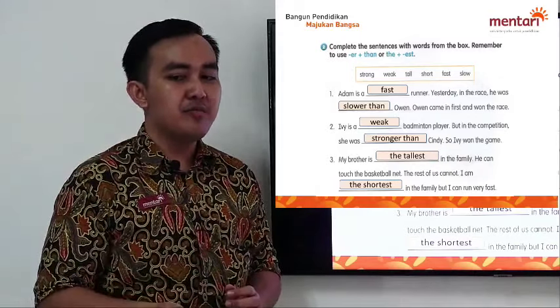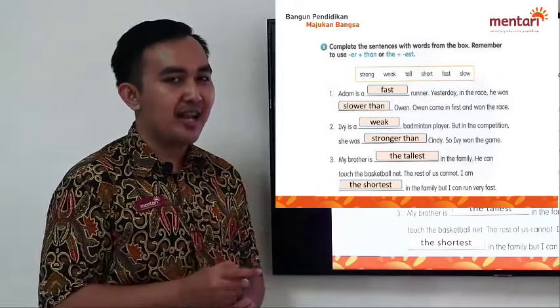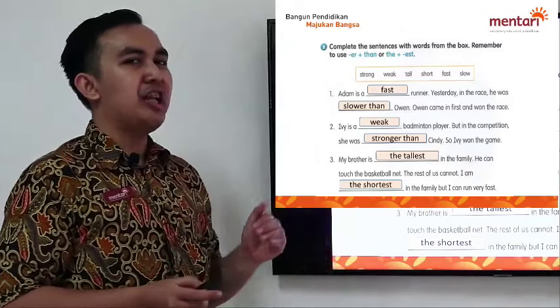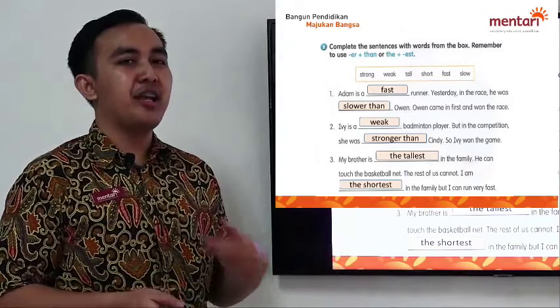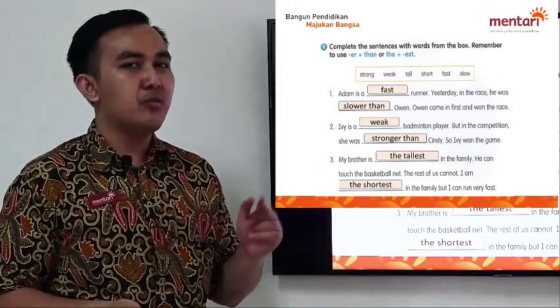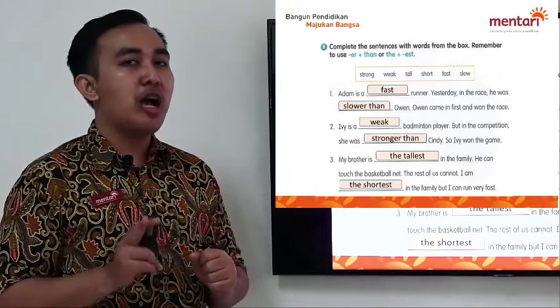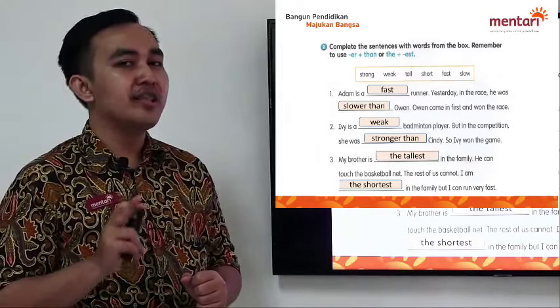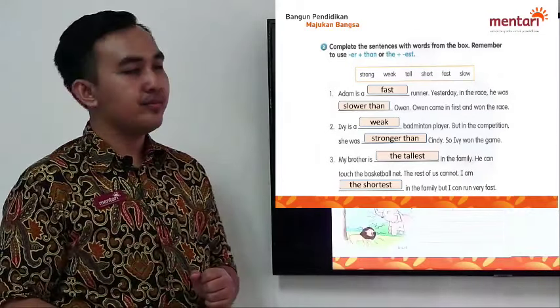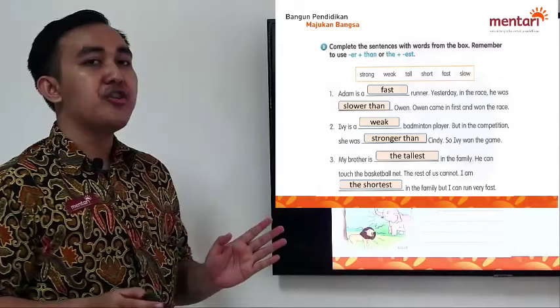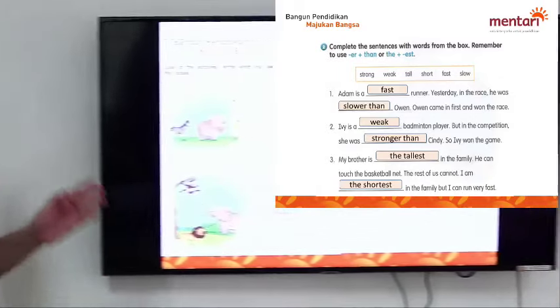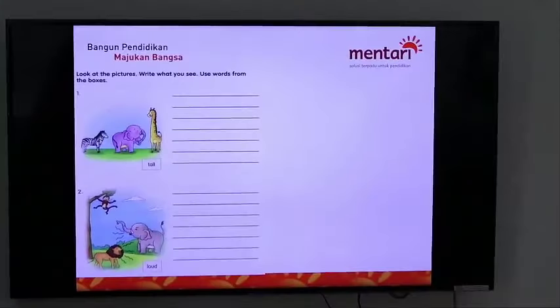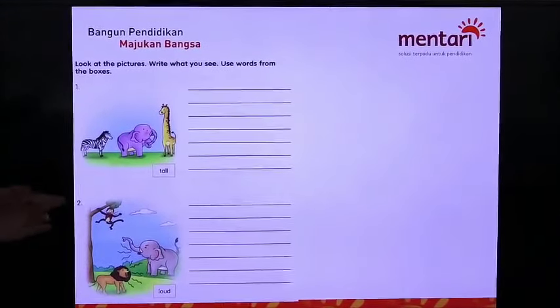We are going to move on to the next exercise. You've been filling in the blank, matching, writing a little bit of words, but now I want to invite all of you to write a full sentence. You can take a look at your exercise. Pay attention to the adjective.